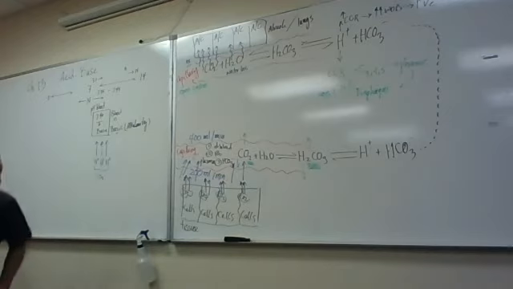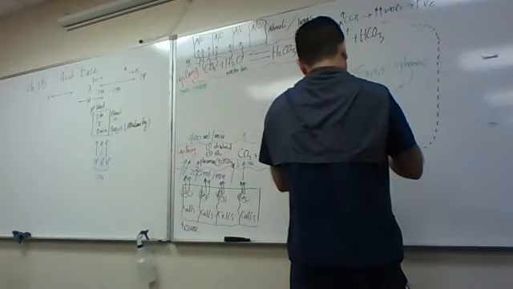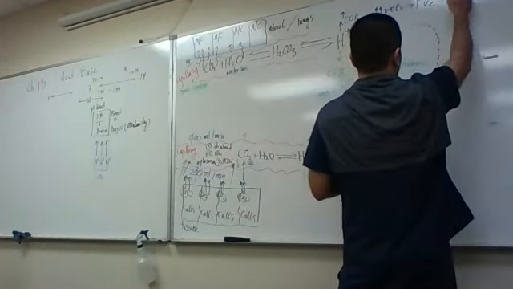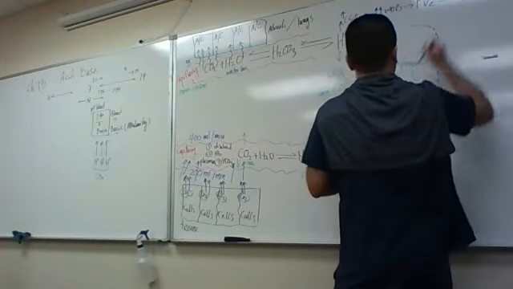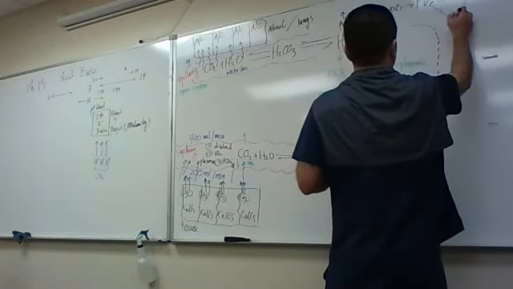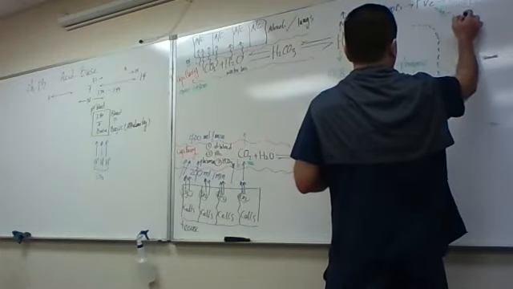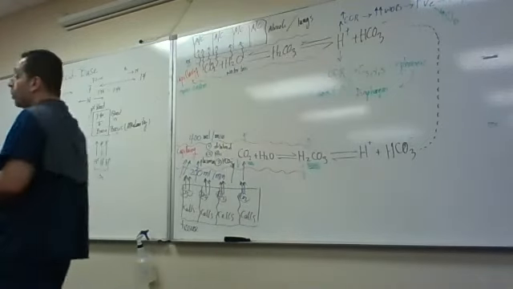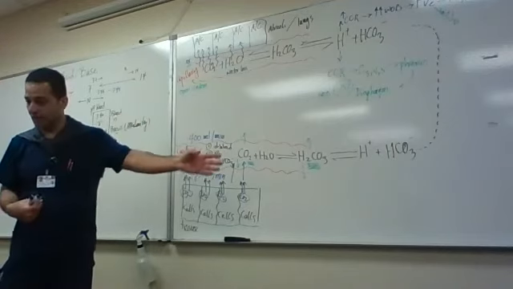When we are talking about increased minute ventilation, I want you to know that we are mainly referring to increased alveolar minute ventilation, because minute ventilation has two components: dead space minute ventilation and alveolar minute ventilation. But our concern is increased alveolar ventilation.